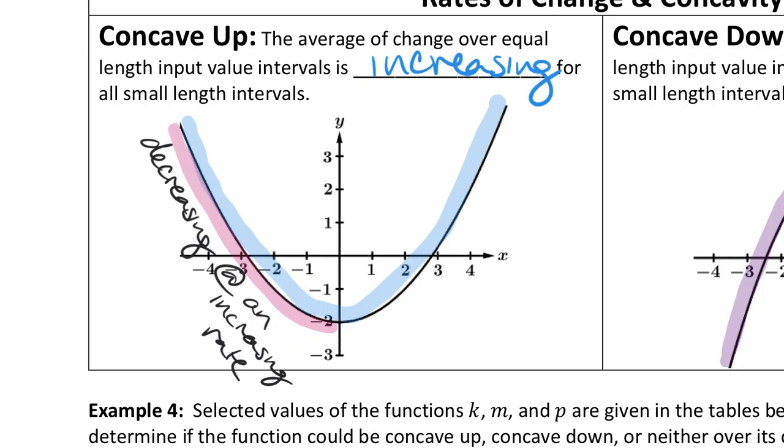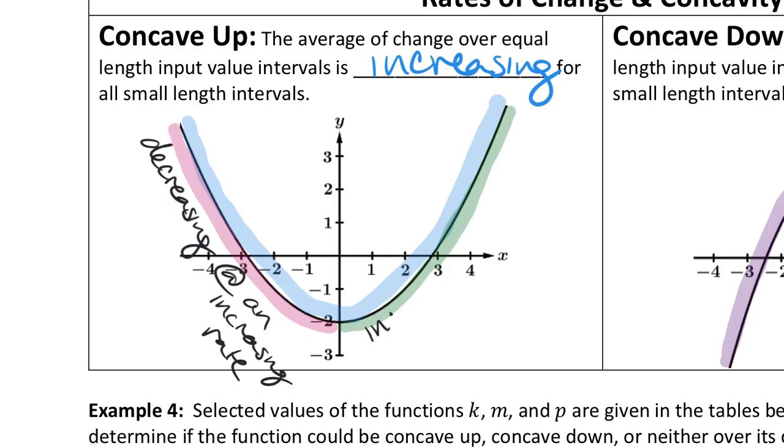So how do you think we would describe the other half of this parabola? When it turns on that turning point and goes up like this, how would we change that description? Would it still be decreasing on that side? But would it still be moving at an increasing rate? Yes. So how would we change that description?